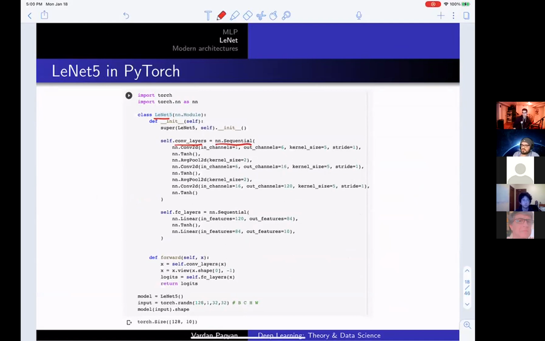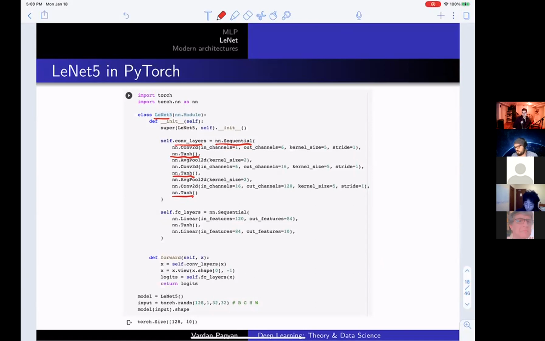Sequential just means a sequence of layers. You can think of it as a list. tanh is a nonlinear function. It's rarely used in practice, but in this case, I wanted to show you the original net, which used something similar to a tanh.